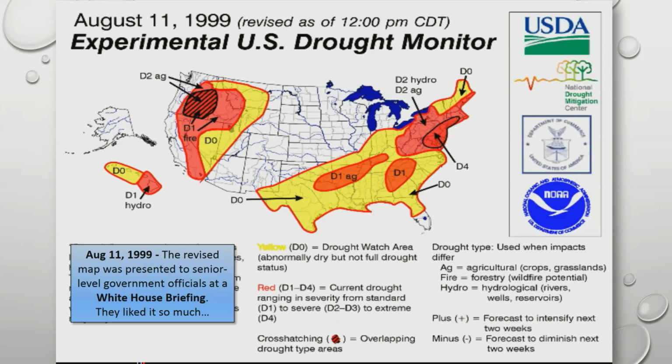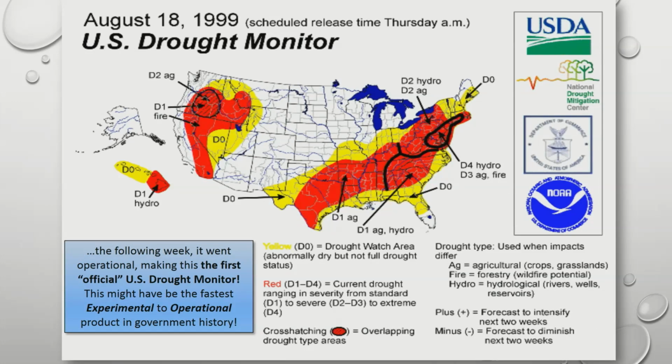So the map, that was in May. By August, it was presented to the White House at a briefing there, in which they really liked the map and were looking to make that go from an experimental product into an official government product.